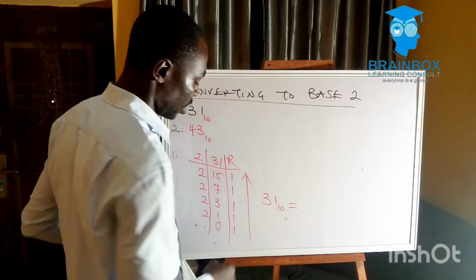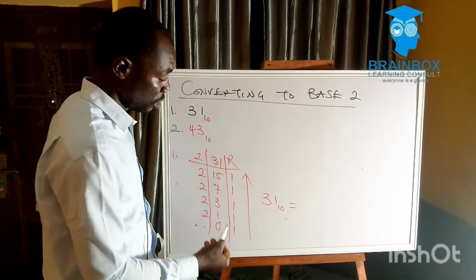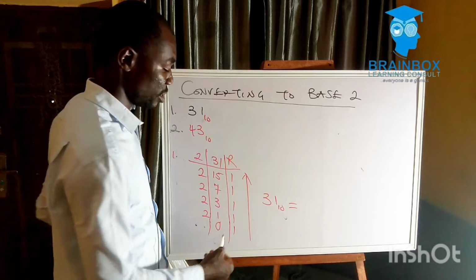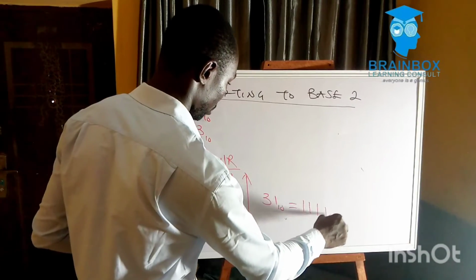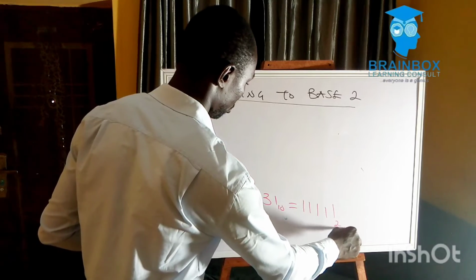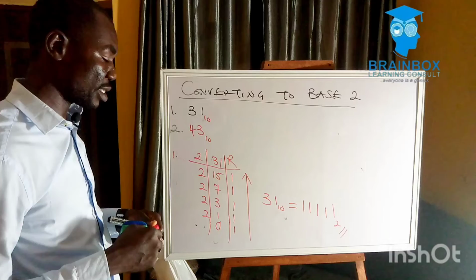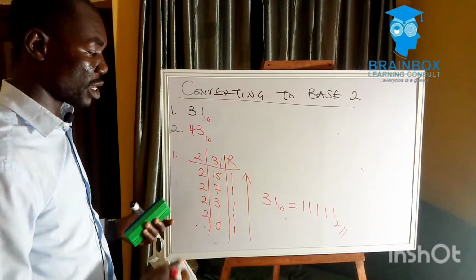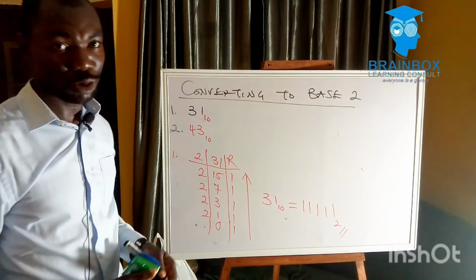Your counting goes from bottom to top, and that's why I drew this arrow like this. So that's 1 1 1 1 1 base 2. So you can see that 31 in base 10, that's what it gives you in base 2.